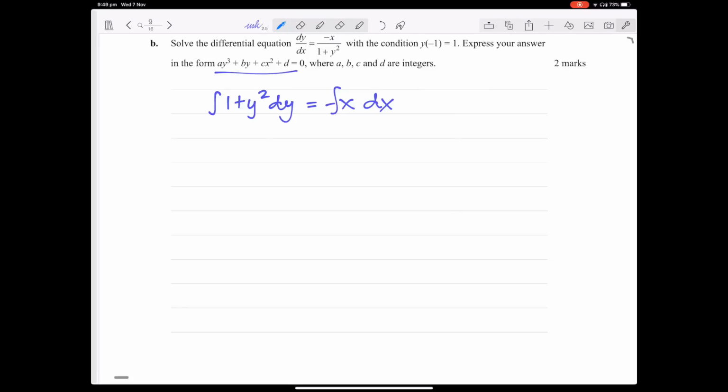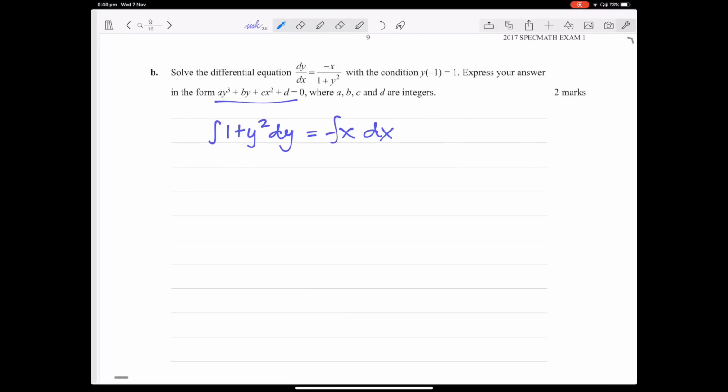It's not too bad. y plus y cubed on 3 equals negative x squared on 2 plus c. They've all got to be integers.